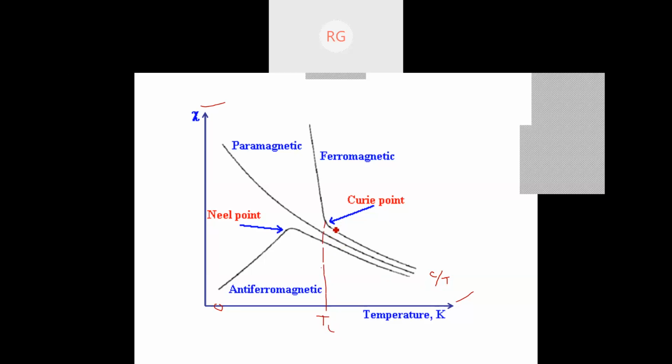Up to Tc, they are ferromagnetic materials with a large chi value. But after Tc, they are similar to paramagnetic materials, and C by T minus Tc is the relation the ferromagnetic materials follow.